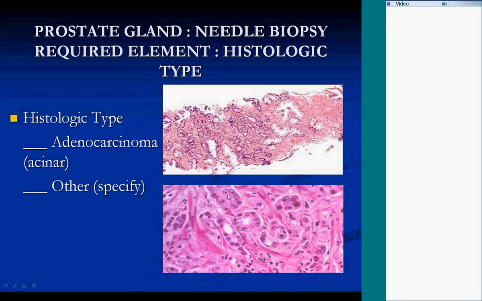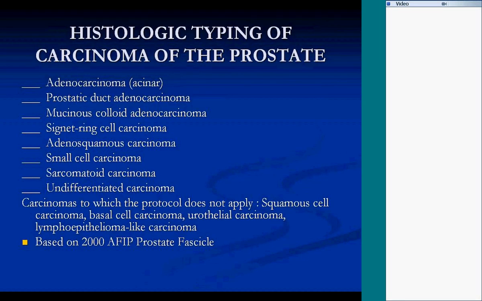And then you can see at high power the nuclear atypia we wish we had in every case, that is the large prominent macronucleoli and the gland-forming ability of these particular malignant cells. So in this case, it would be a relatively simple assignment of just adenocarcinoma, parentheses acinar.